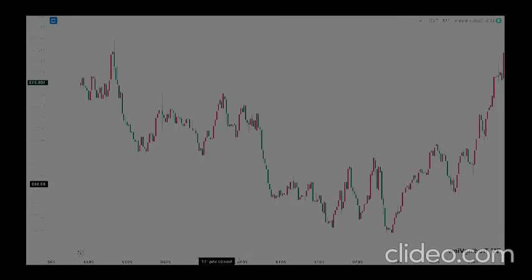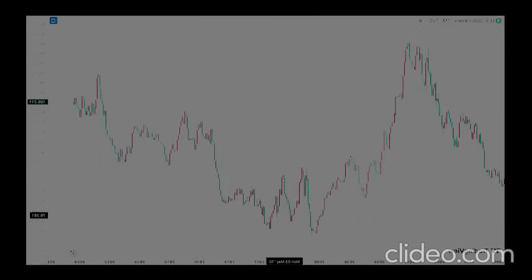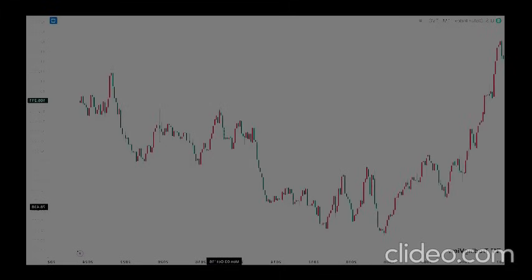By starting here, guys, this is a big picture of the market trend of the DXY, as you can see. This is an uptrend, as you can see.